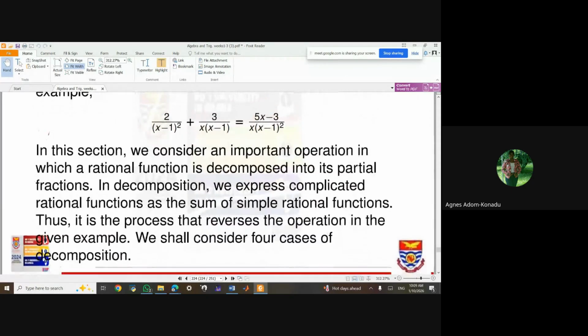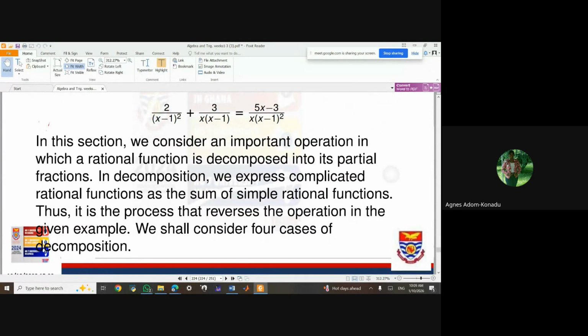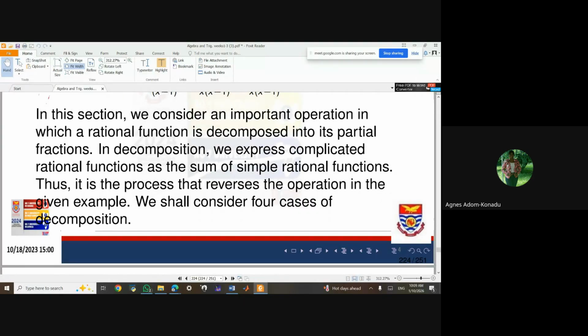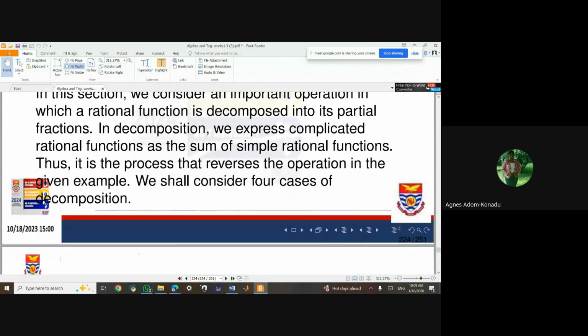In this session, we consider an important operation in which a rational function is decomposed into its partial fractions. In decomposition, we express a complicated rational function as the sum of simple rational functions. Thus, it is a process that reverses the operations in the given example.